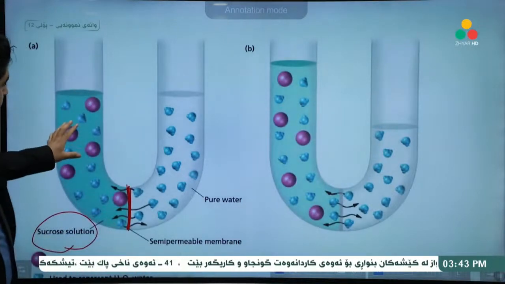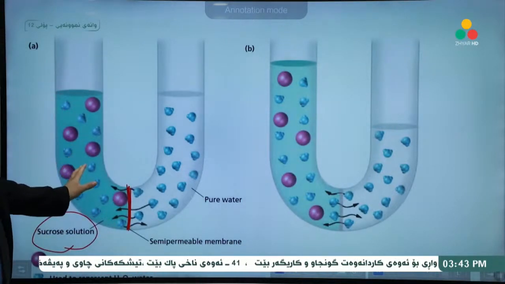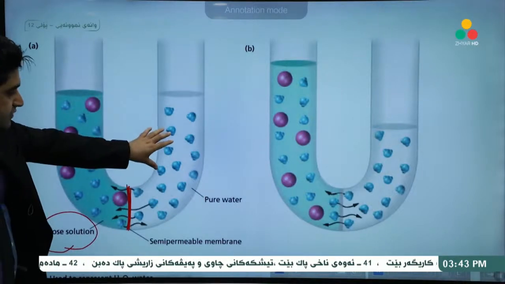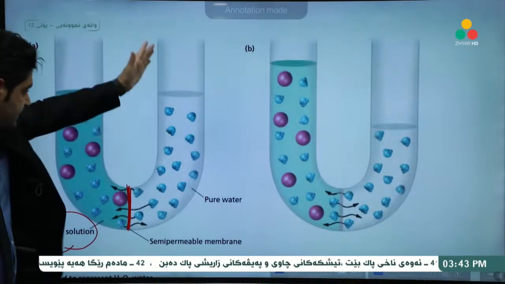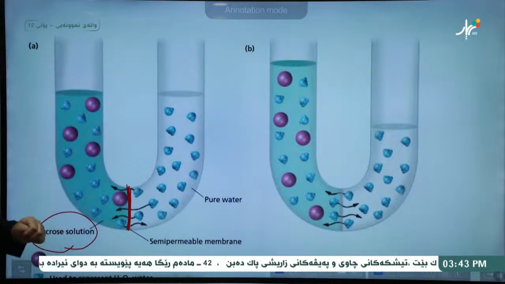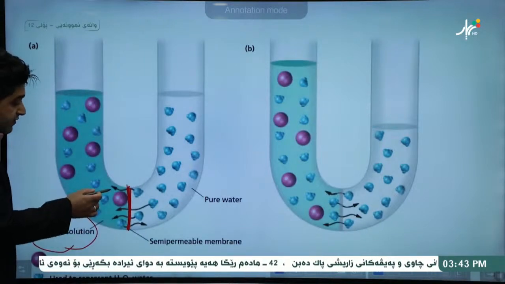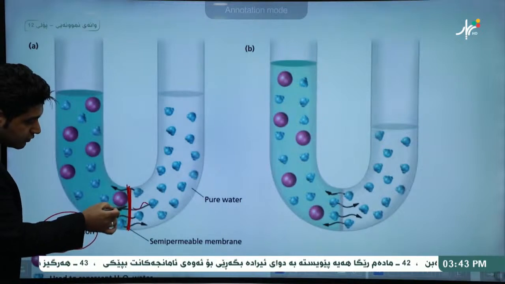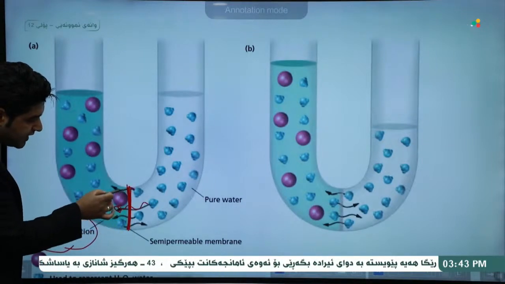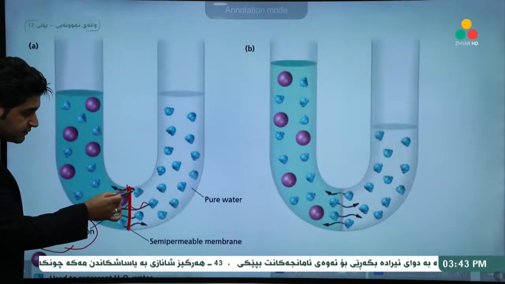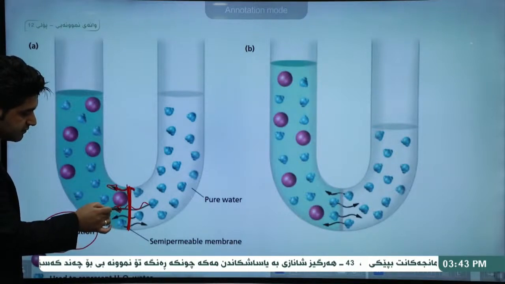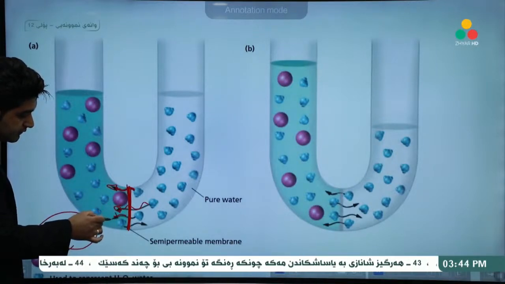So what will happen after adding a high concentration solution in here and a low concentration solution in here? Suppose that in here we have low concentration, here we have high concentration. In here, there is a lack of water. So immediately the water molecules begin to pass through the semi-permeable membrane.